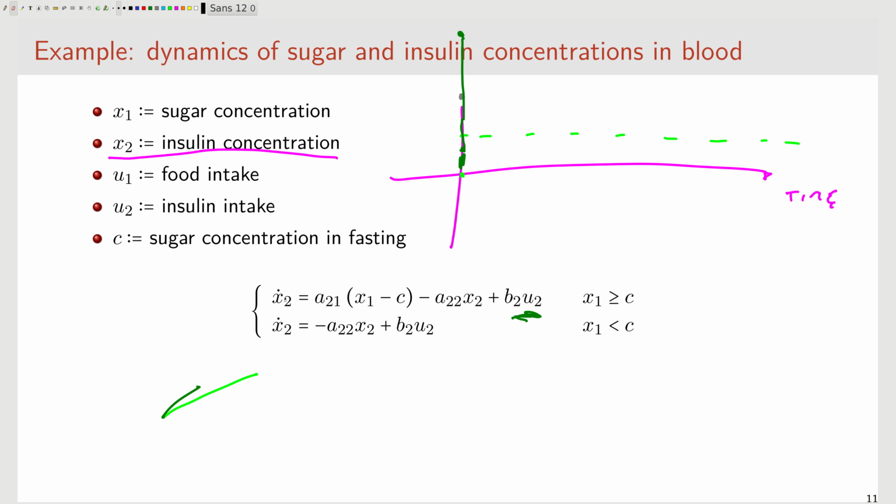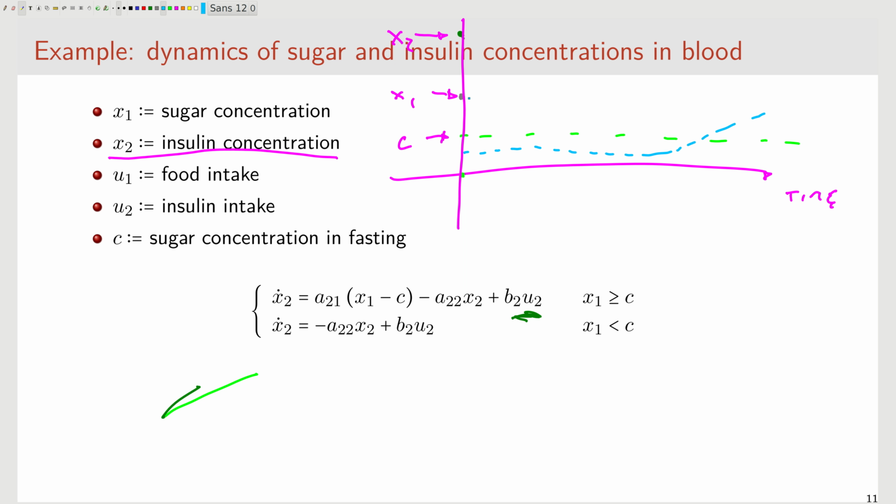So, totally, let's say that this is x1, this is c, this is x2, and then we've also got the food intake that is something like this.